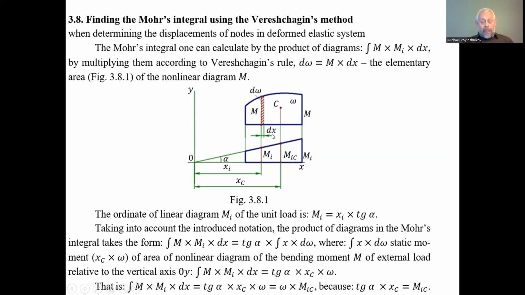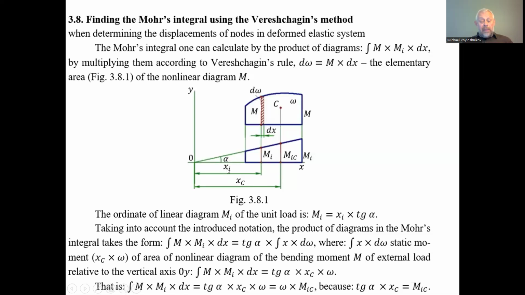So this integral remaining here is equivalent to the product of the total area of the diagram of the bending moment by the abscissa of the location of the center of the area. On the other hand, the static moment of the area relative to an axis is equal to the integral of the abscissa, the distance between the definite axis, assigned to the increment of the area, the considered area, by the arm.